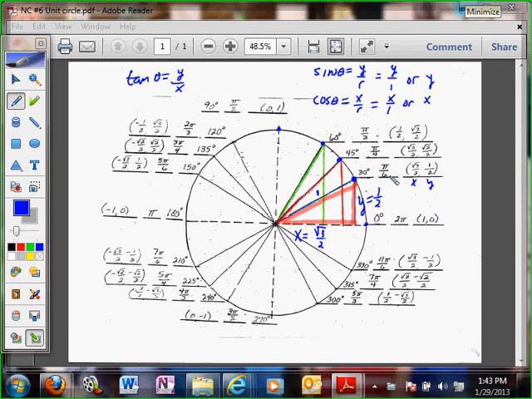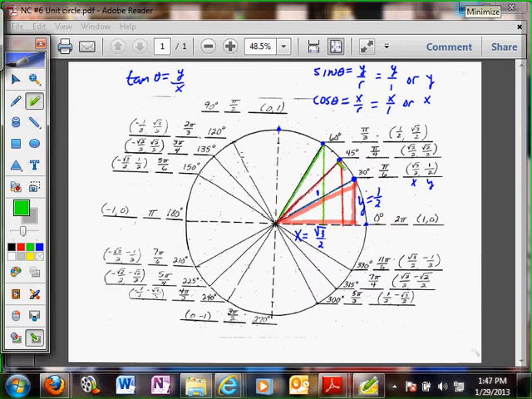Well, what it tells us is that for all of these ordered pairs around the circle, the y value of each ordered pair is the sine of that angle. So the sine of 30 degrees, or pi/6, and remember when I say 30 degrees or pi/6, I'm referring to the angle measurement. 30 is in degrees, pi/6 is in radians.